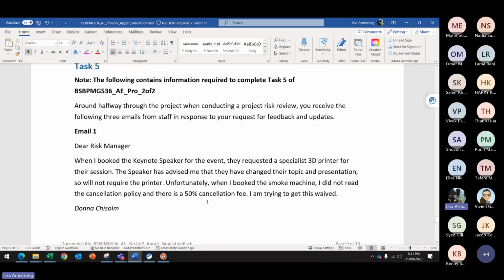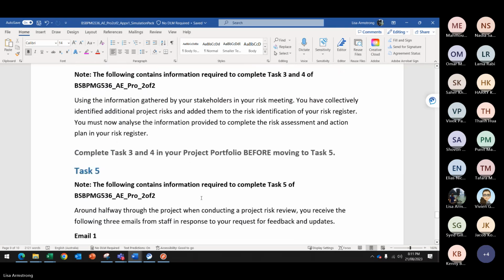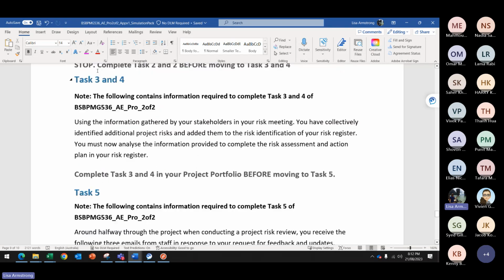This is now on page 9. We now have a section, task 3 and 4. Using the information gathered, you have collectively identified additional risks and added them to the risk identification. You must now analyse the information provided to complete the risk.